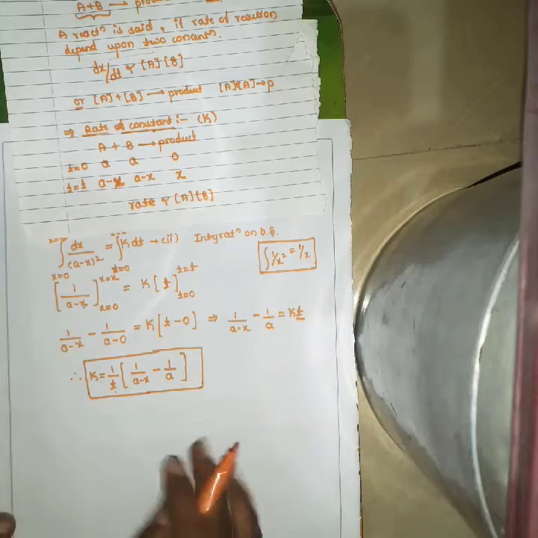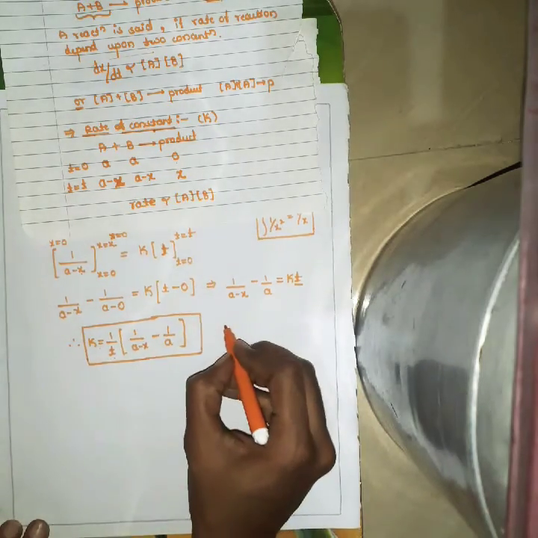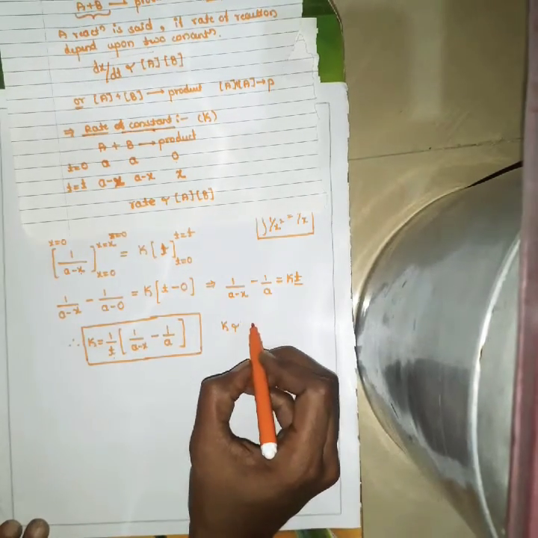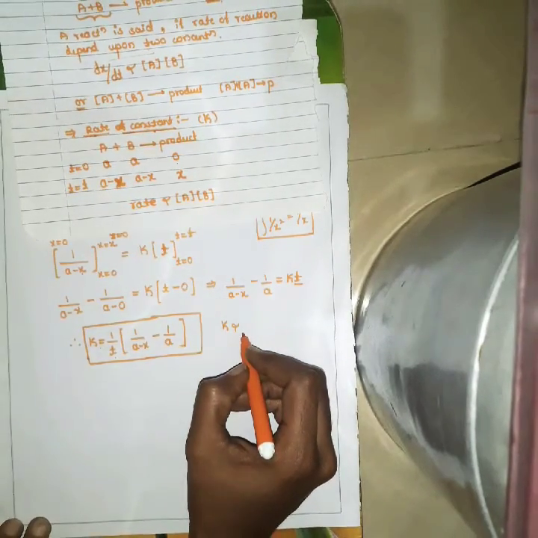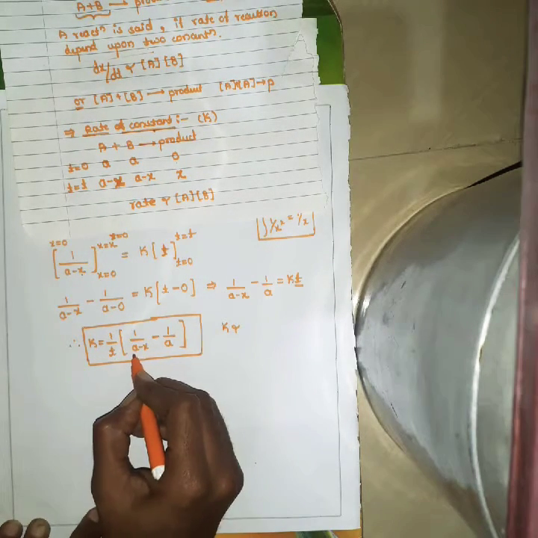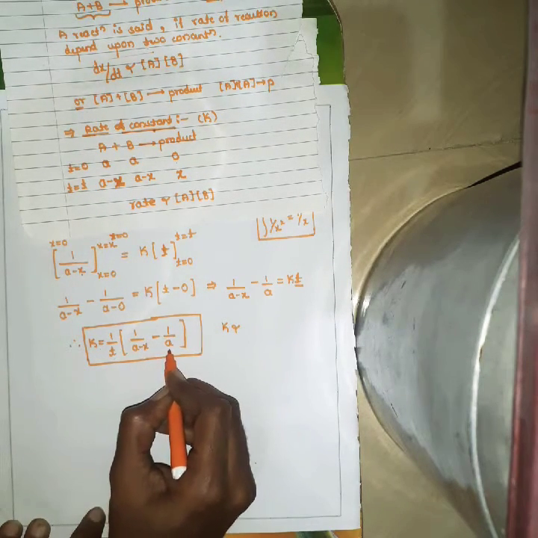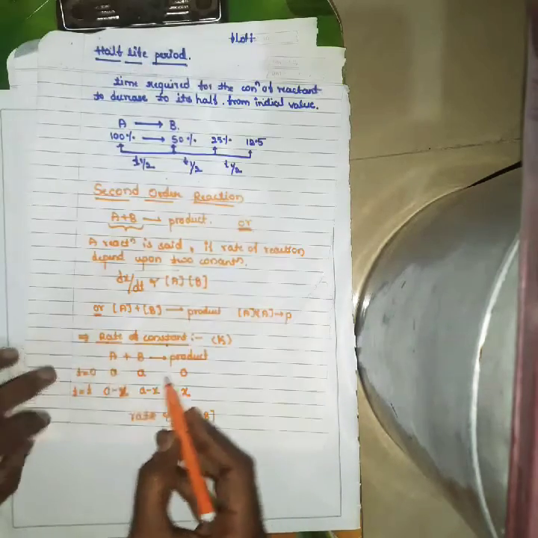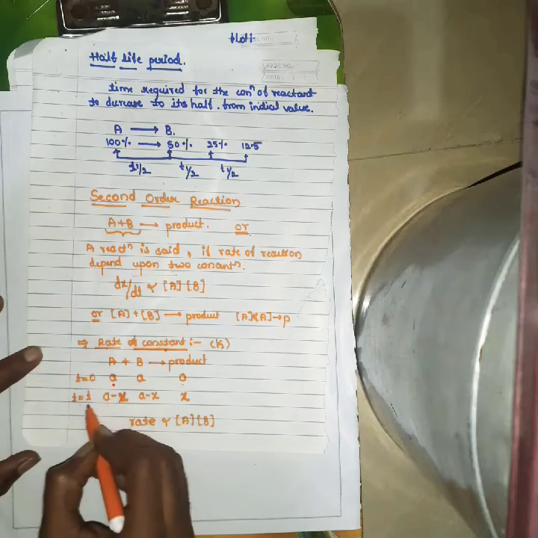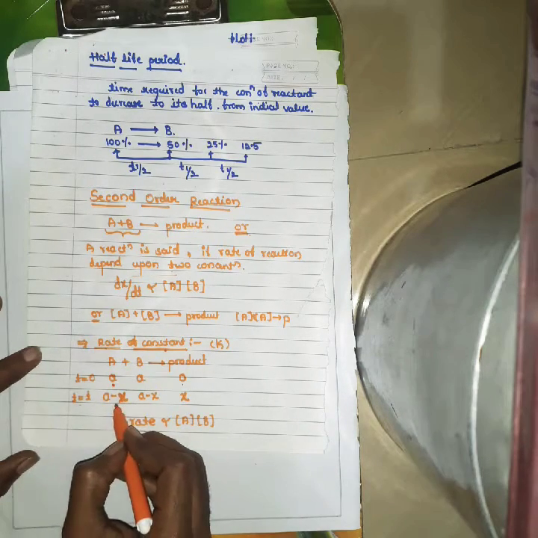Then, continuing, k is related to the initial concentration. Here a is the initial concentration, and after some time it becomes a minus x.